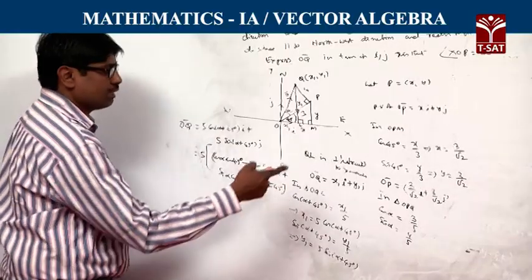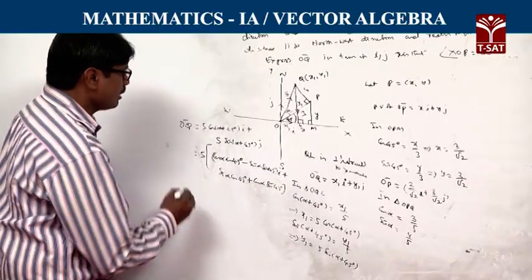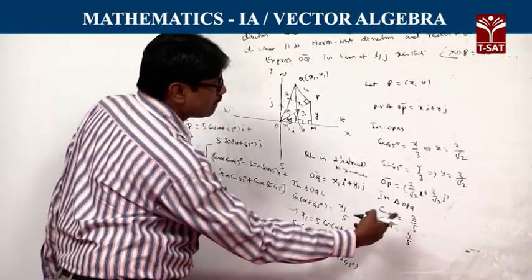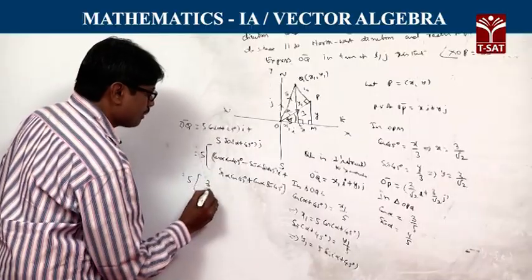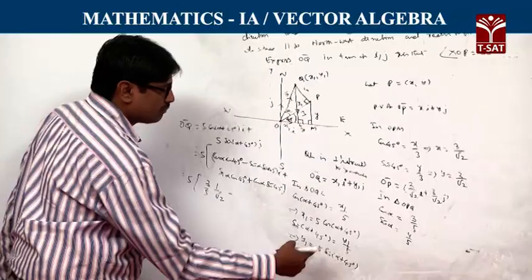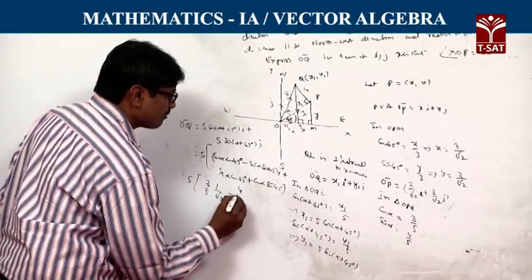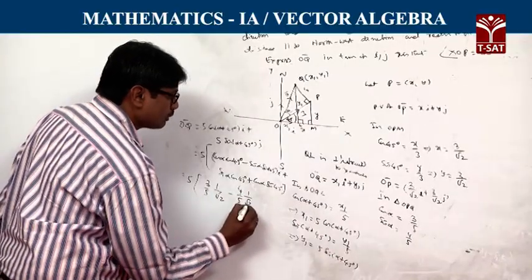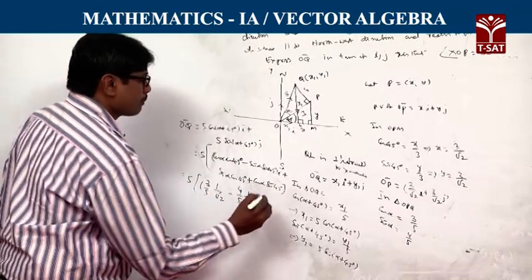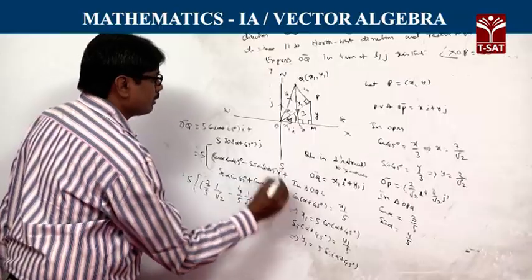Substituting the values of sin alpha and cos alpha, which is 5 times cos alpha. What is cos alpha? That is 3 by 5, into cos 45, 1 by root 2, minus sin alpha, which is 4 by 5, into 1 by root 2, times i bar.